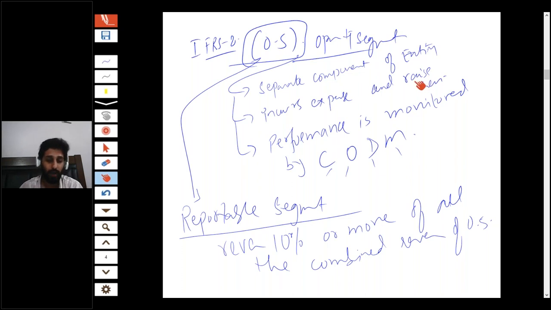So first you should review the breakdown of the segments in order to ensure that the segmental information is a separate component, generating separate revenue and incurring separate expenditures.